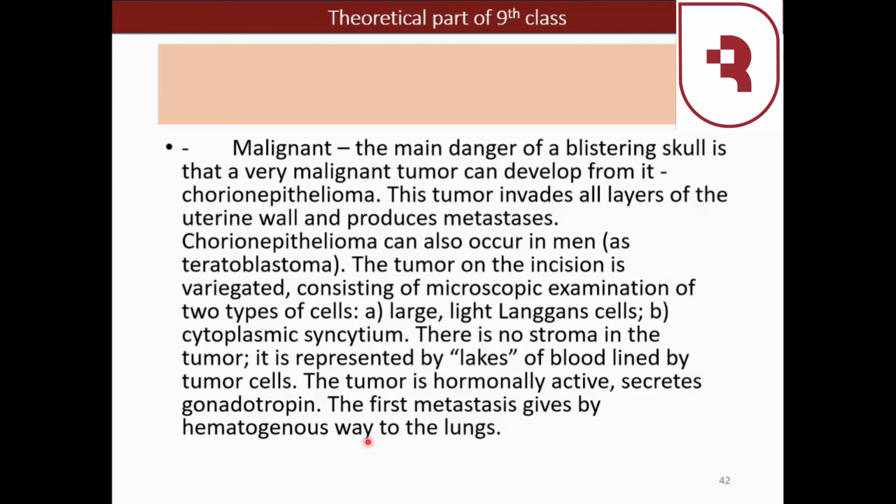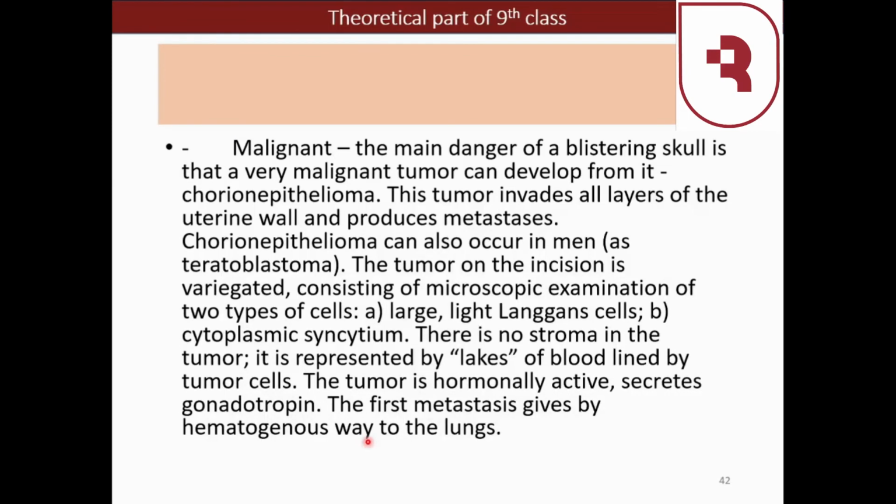The tumor on the incision is rigid, and on microscopic examination consists of two types of cells. It contains large light Langhans cells and cytoplasmic cells. There is no stroma of the tumor, and on histological examination the tumor is represented by lakes of blood linked by tumor cells.